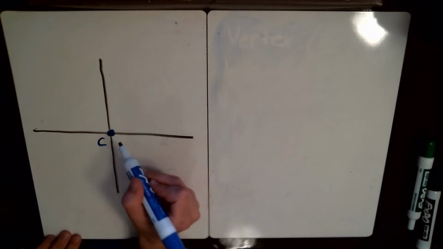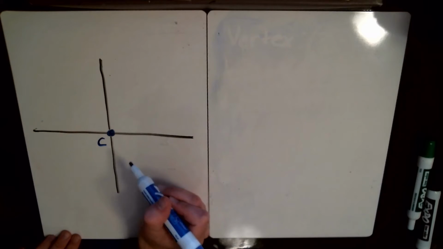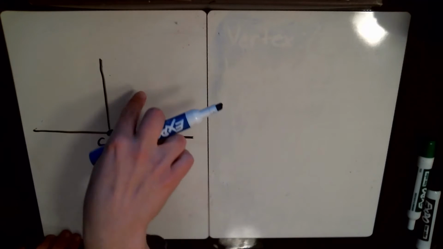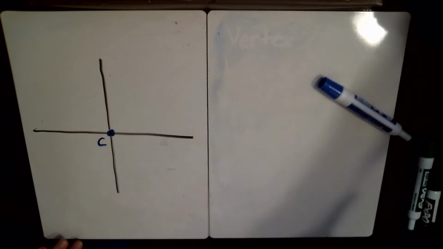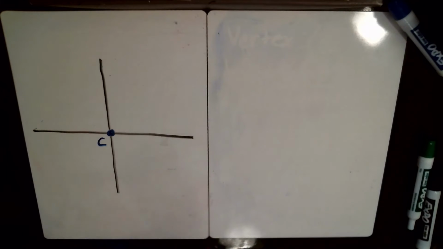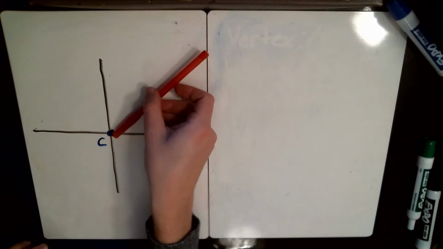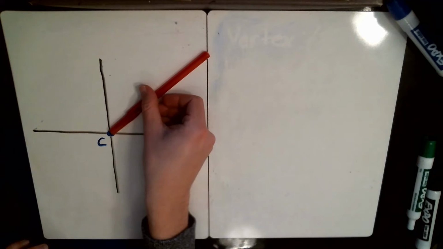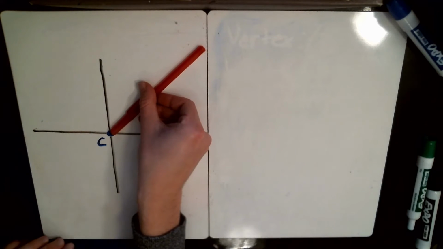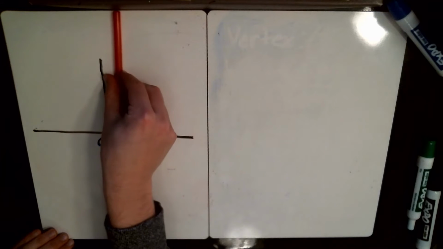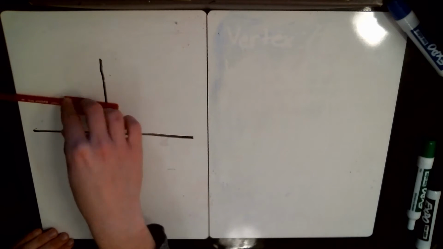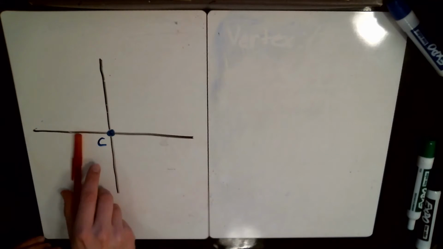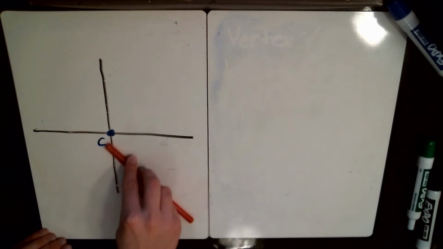If I took the same distance away from C, the center point, all the way around, notice what happens as you move this around. It traces out a circle, right?